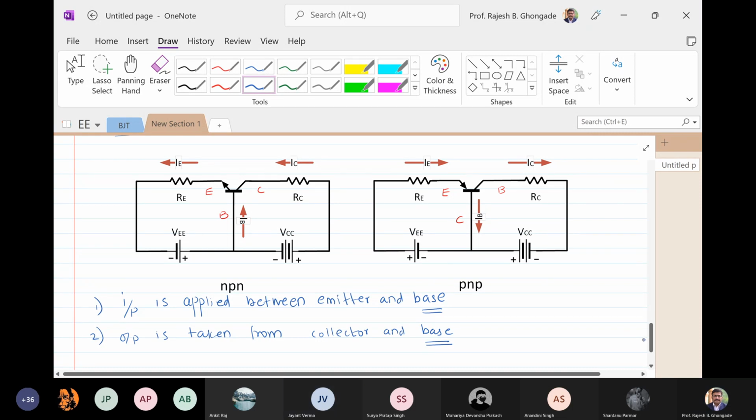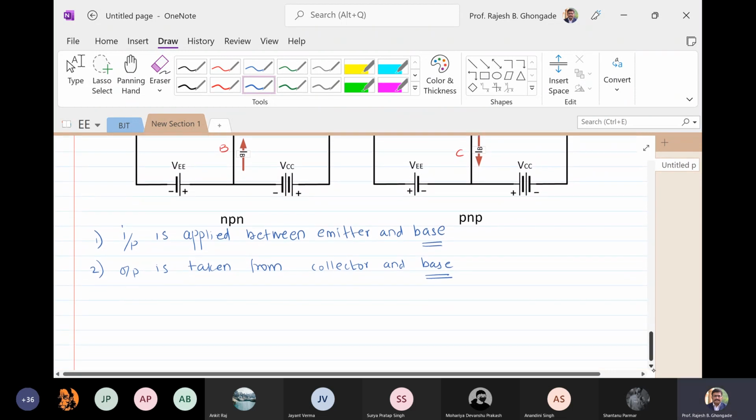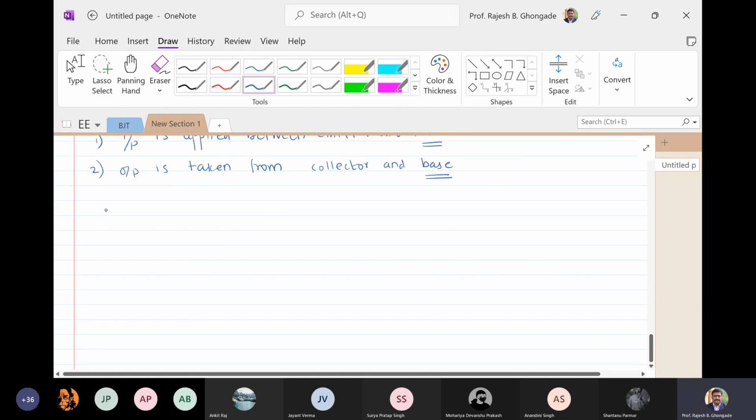Yes, sir. Now let us quickly see the current relationship in this particular configuration. Now we have already seen the current components in the last lecture, right? So we had IC as IPC plus ICBO. Do you remember this? Yes, sir. Now practically ICBO is small, very, very small, which is the reverse saturation current, and is often neglected.